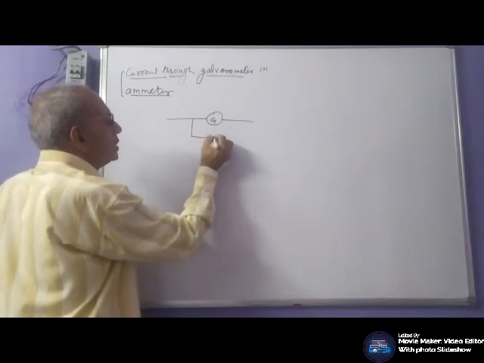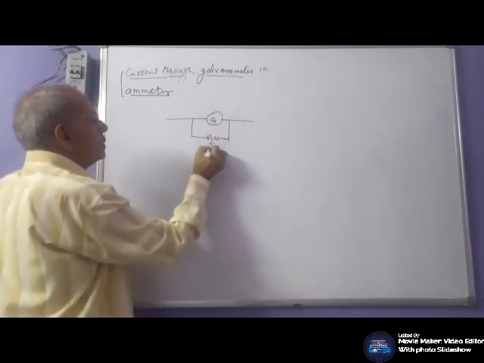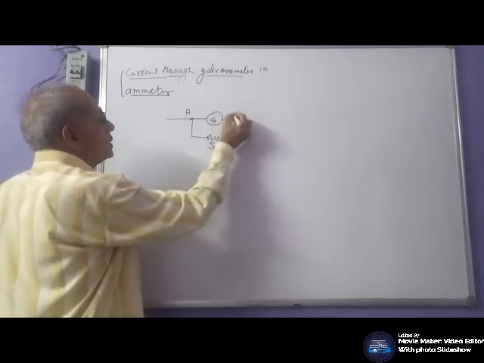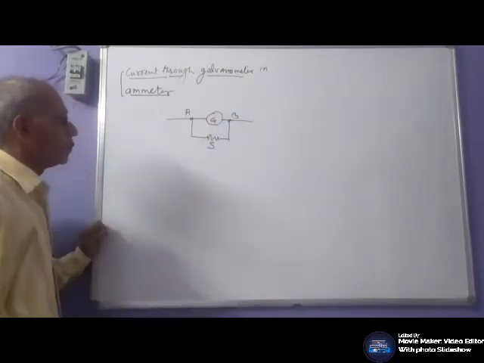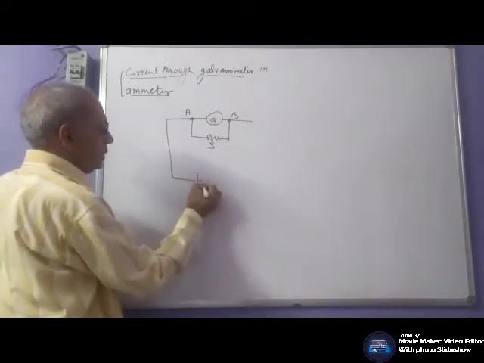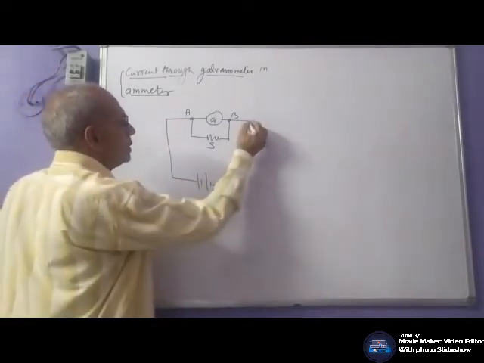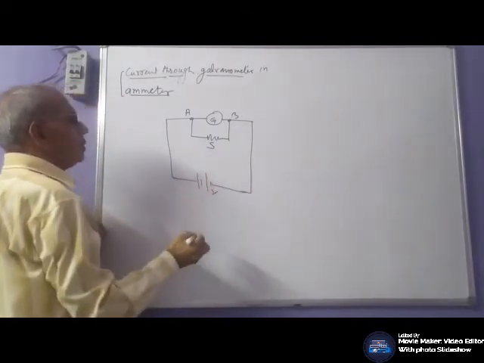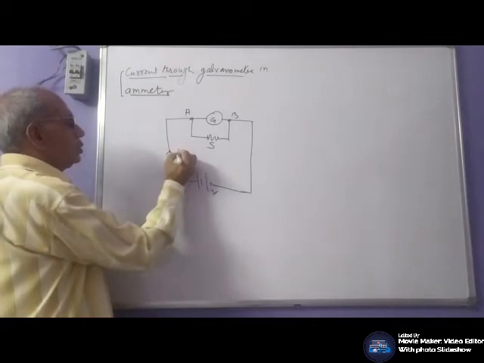This is the shunt. Between A and B, this is the ammeter. This is the battery. This is the current through the circuit.